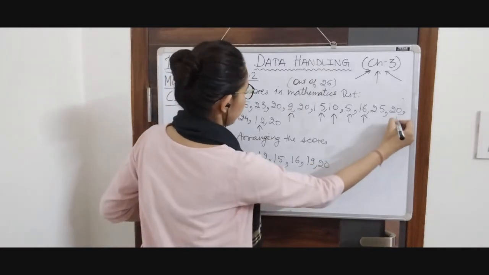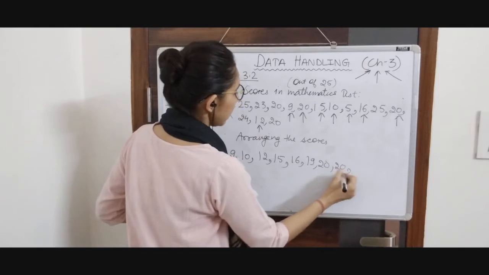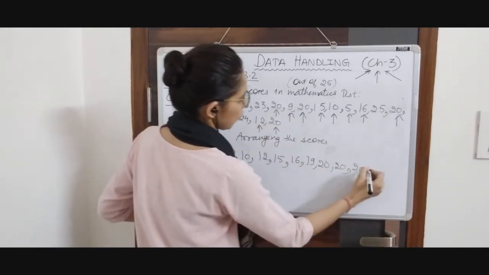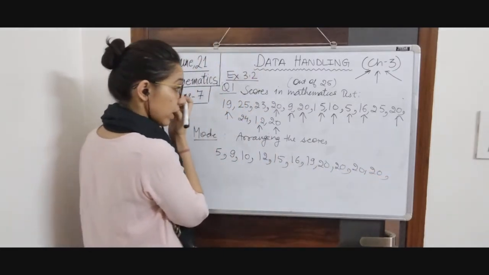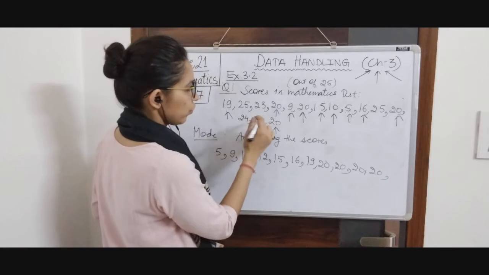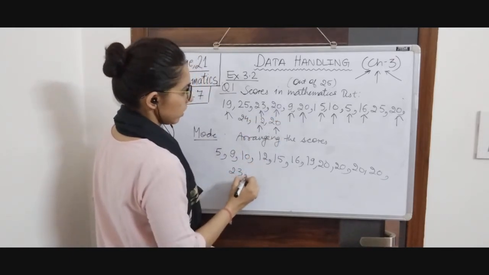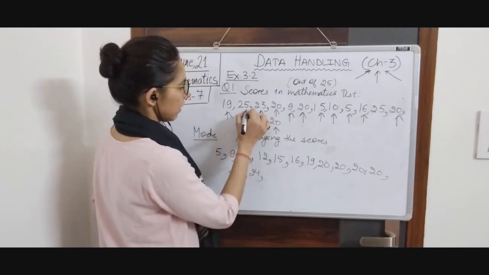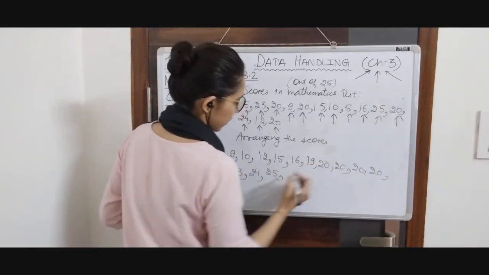Then 21. 20 again and 20 one more time and one more time 20, 4 times. After that we have 23. Then we have 24. Then we have 25 and again 25.